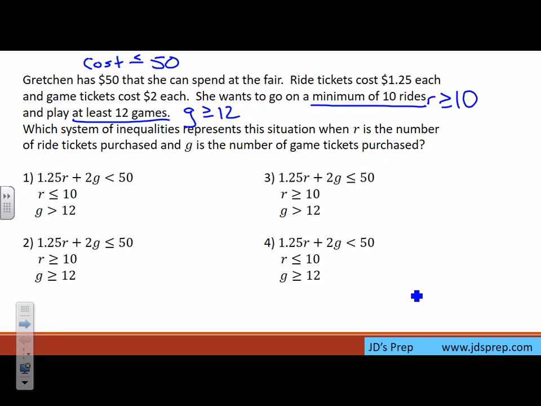Since the ride tickets cost $1.25 each, the total cost for the ride tickets would be 1.25 times R. And since the game tickets cost $2 each, the total cost for the game tickets would be 2G.